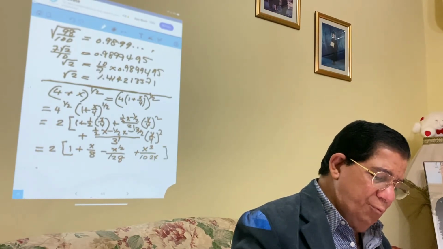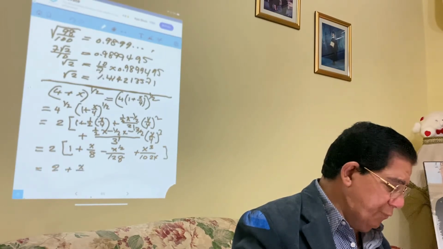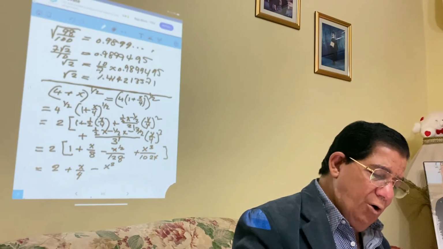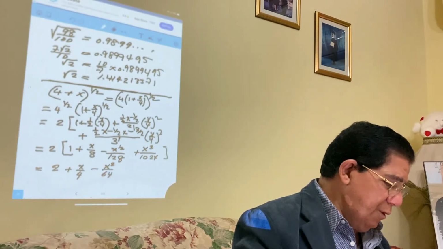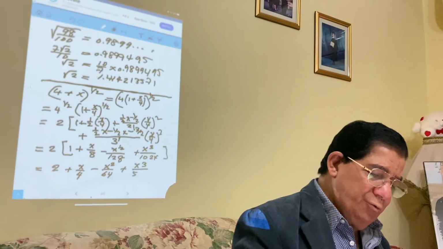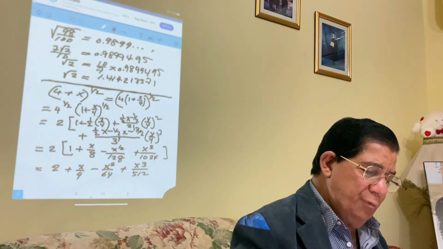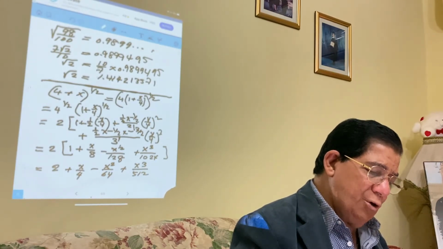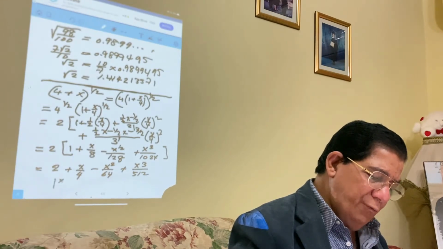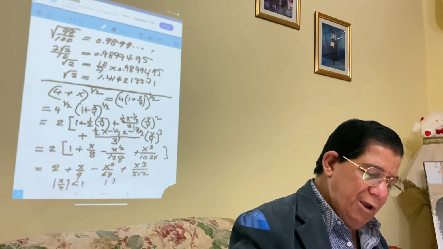Multiply by 2, you get 2 plus x over 4 minus x squared over 64 plus x cubed over 512. And this expansion is true when, going back to the expansion of 1 plus x, modulus x over 4 less than 1, which means modulus x less than 4.